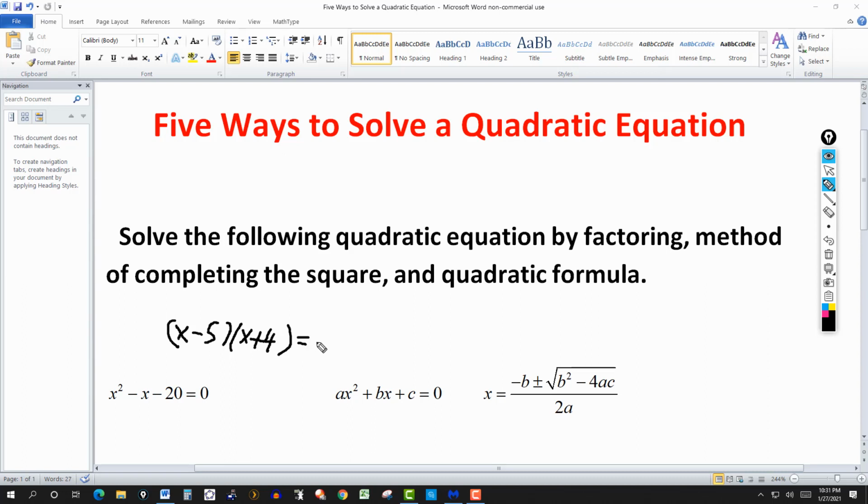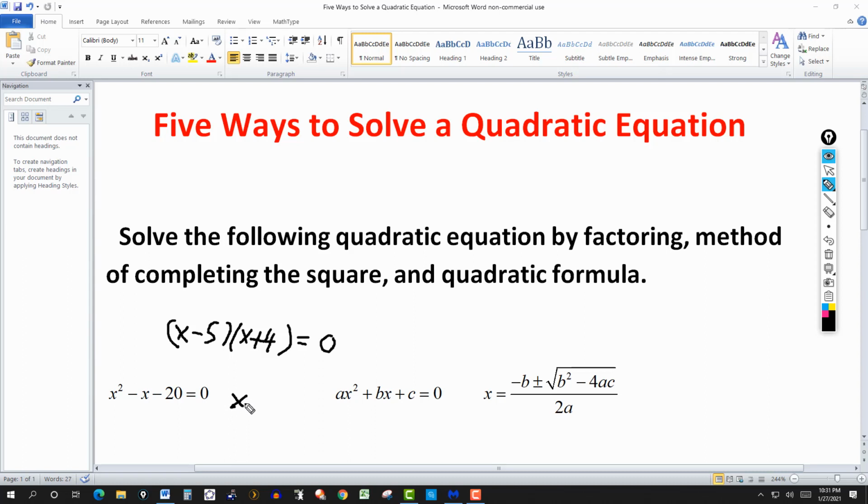That product has to be 0. So any time the product of two numbers or two factors is 0, that means that either one of the factors will be 0 or they both will be 0. Okay. So all we have to do then is just set each of those factors equal to 0 and solve for x.